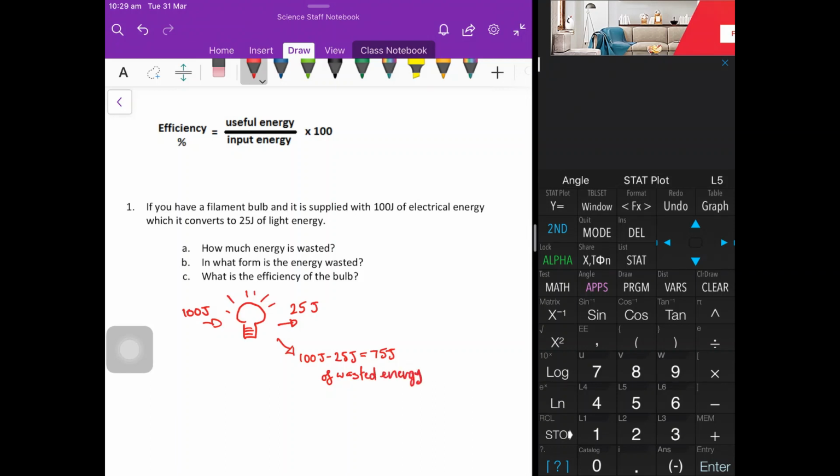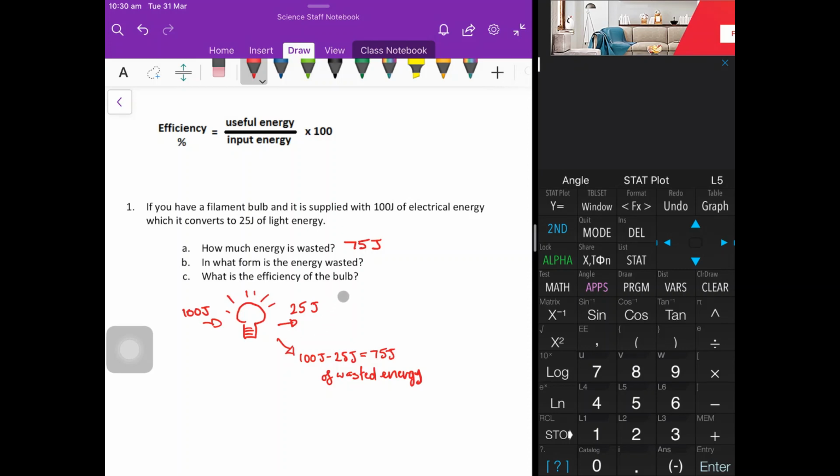And that wasted energy might be in the form of heat or something else. So that actually answers part A here. It says how much energy is wasted? Well, we can say 75 joules of energy is wasted. In what form is the energy wasted? Okay, well, this question is asking us to work out what type of wasted energy there might be.